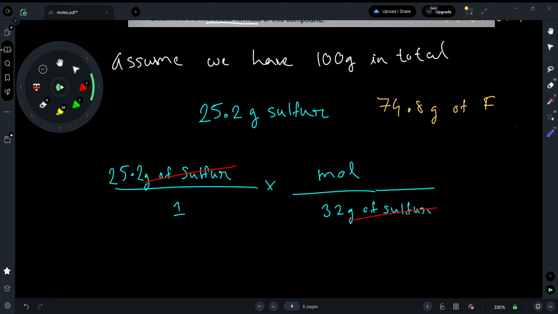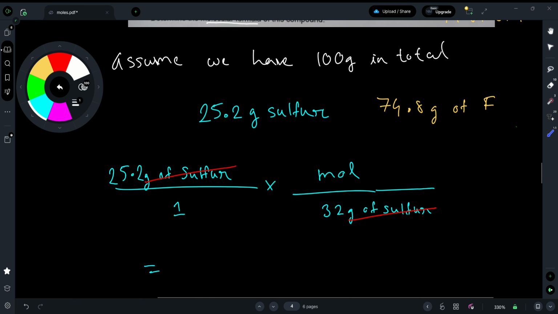That just leaves you with 25.2 divided by 32 for the moles of sulfur. So 25.2 divided by 32, taking three significant figures, you get 0.78788 moles of sulfur.